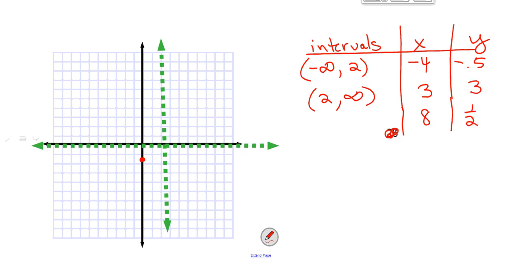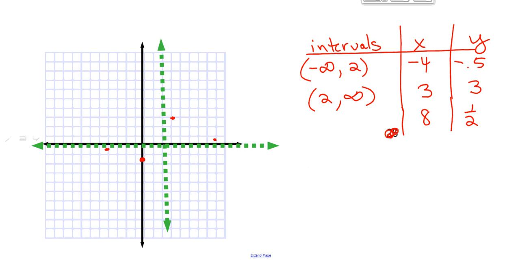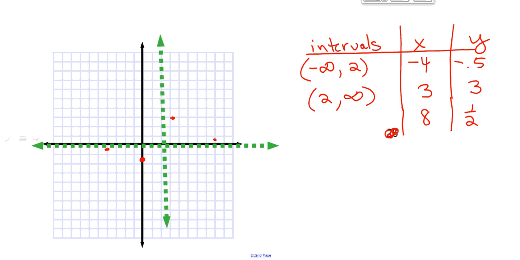So I'll plot those points at -4. 1, 2, 3, 4. I get -1/2. At 3, I get 3. And at 8, I get 1/2. As we look at that, let me fix that asymptote a little bit over there.